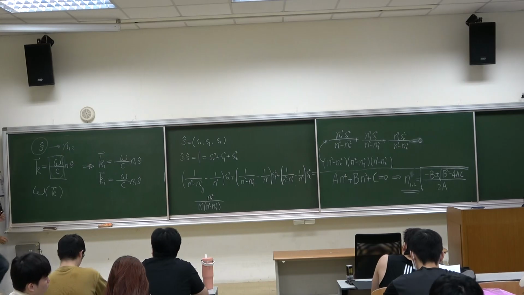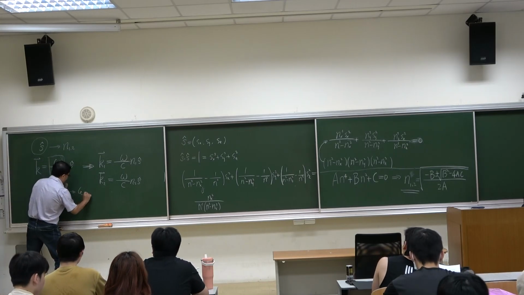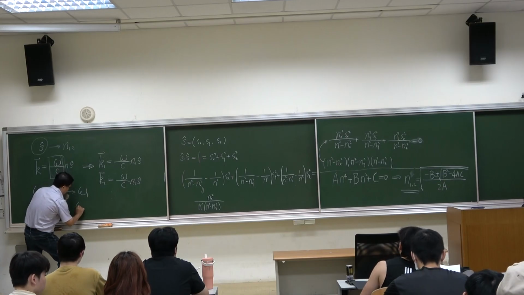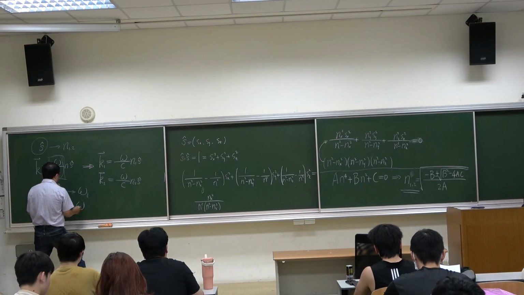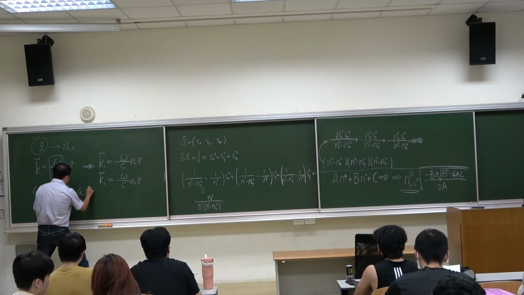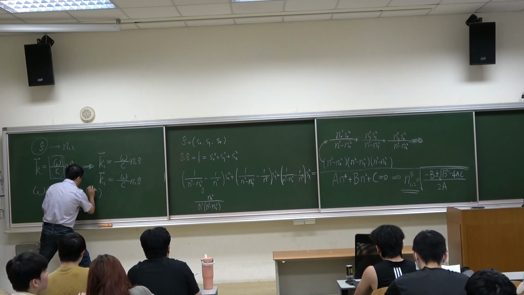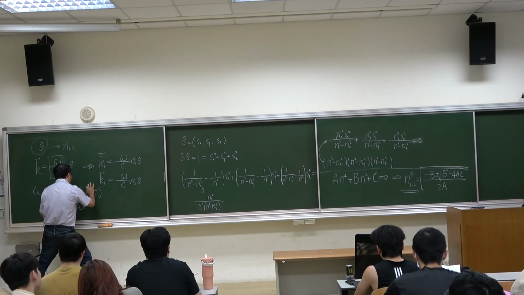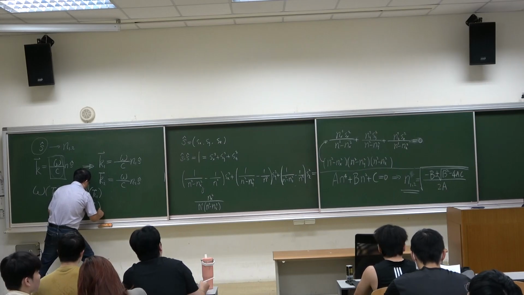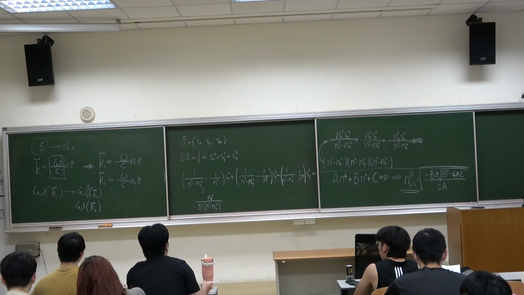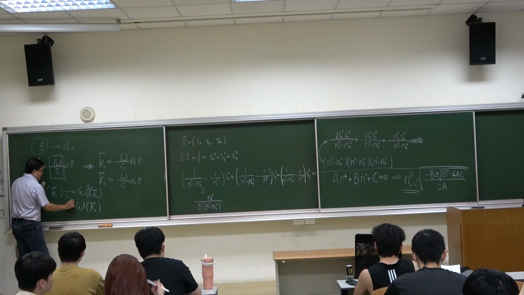Then you find that there are in fact two possible surfaces.